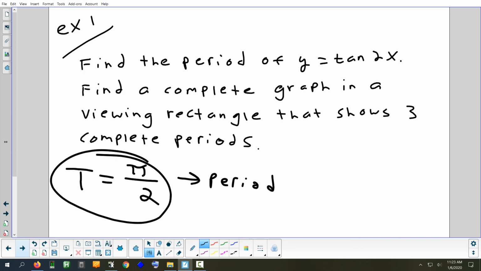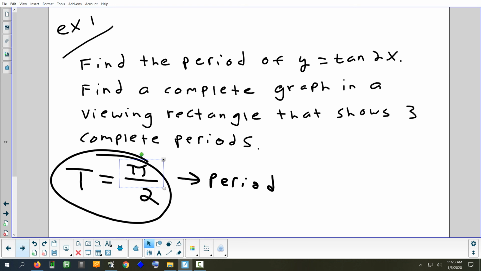So that number right there tells you how wide one cycle is. How many cycles do they want me to show on the calculator screen? Yep, 3. That's the width of one cycle. So what's going to have to be the width on my screen to show 3 cycles? Yep, 3 pi over 2.